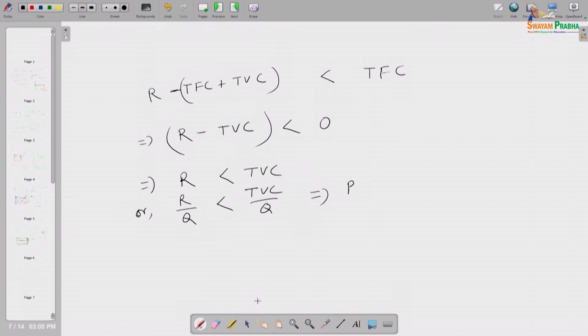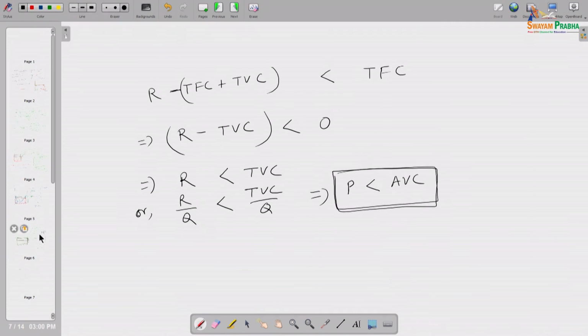This is less than total variable cost by Q, which is basically average variable cost, the way we have defined. So, if price goes below the average variable cost line, then he should stop in the short run.